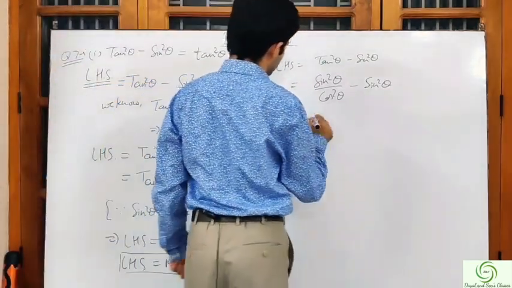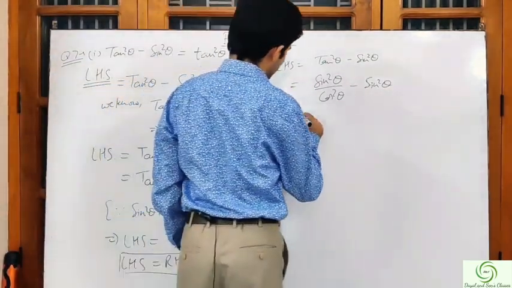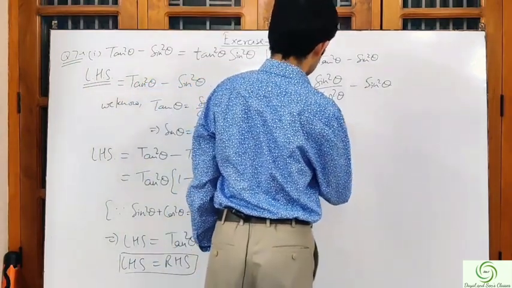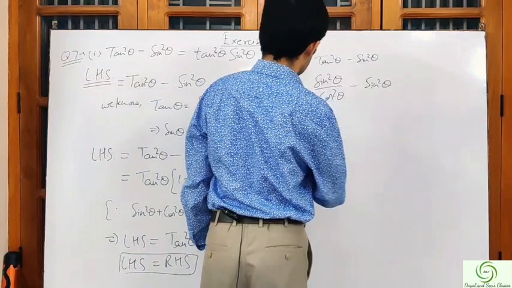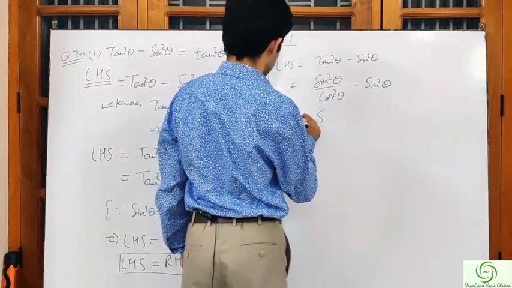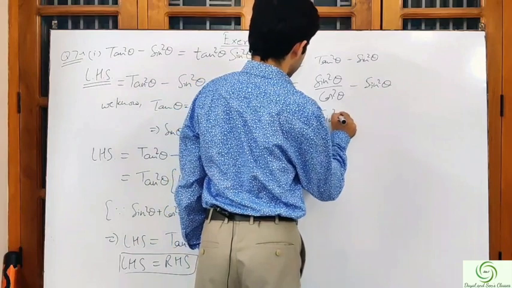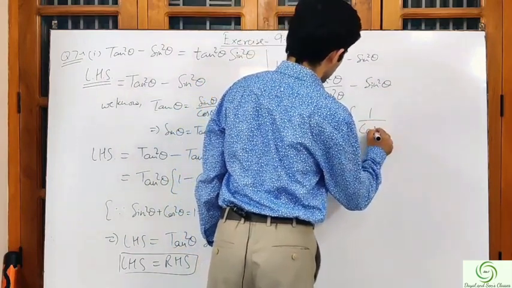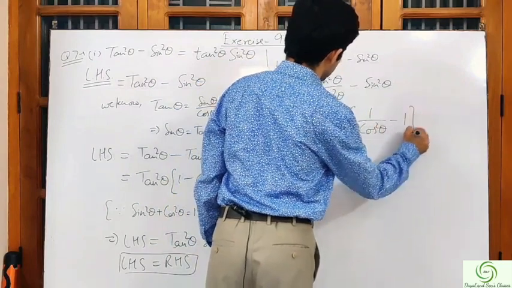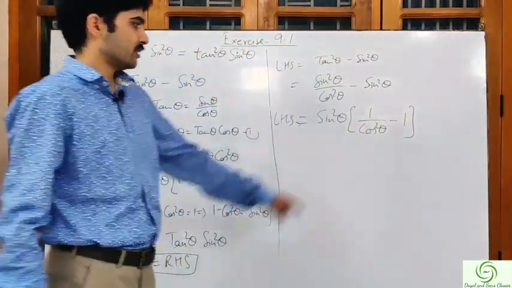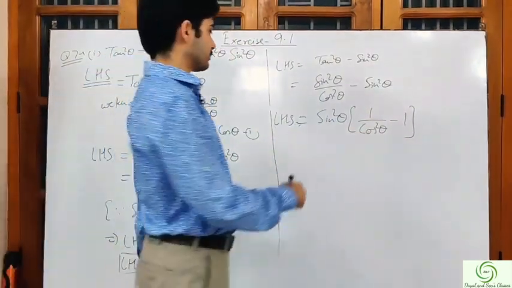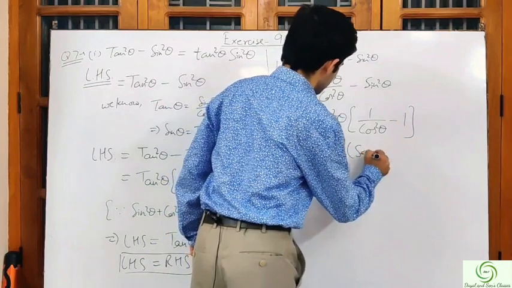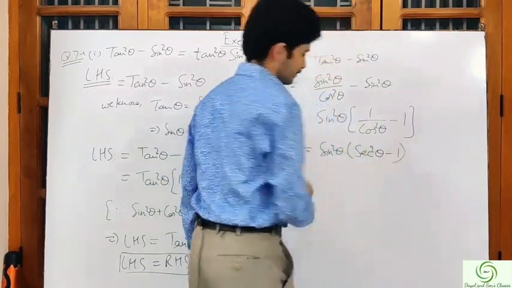This implies LHS is equal to sin square theta common. I am left with 1 upon cos square theta minus 1, right? Now what is 1 upon cos theta? 1 upon cos theta is sec theta. So this becomes sin square theta into sec square theta minus 1, right?